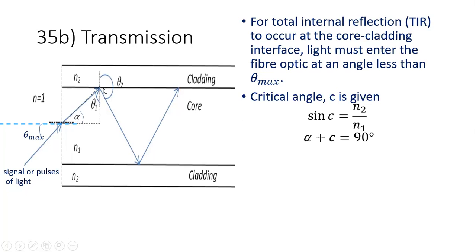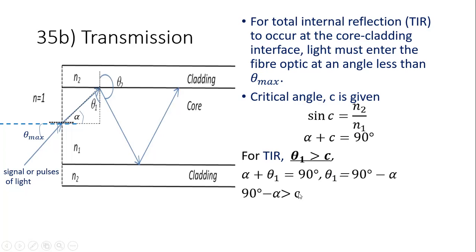This is your alpha, and this is your right-angle triangle. So C plus alpha is 90 degrees. For total internal reflection, theta 1 must be greater than the critical angle given by this equation. The critical angle is 90 minus alpha, so theta 1 equals 90 minus alpha.